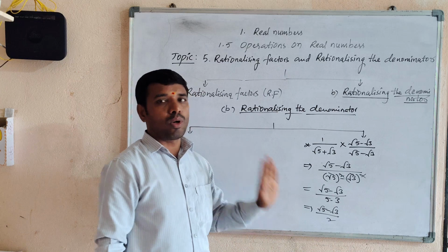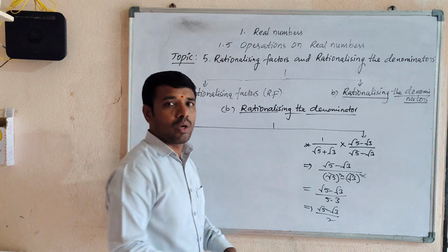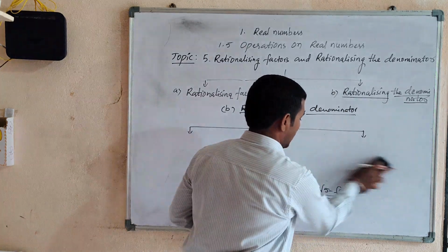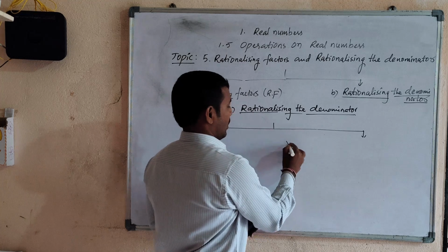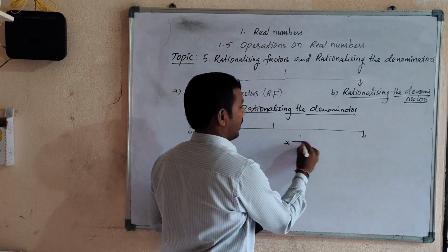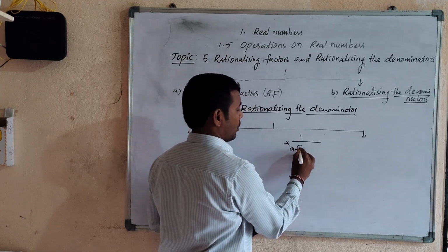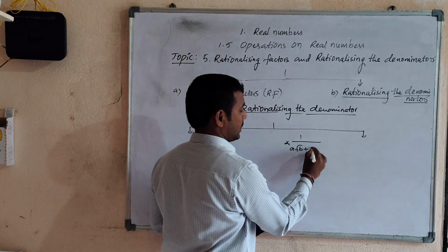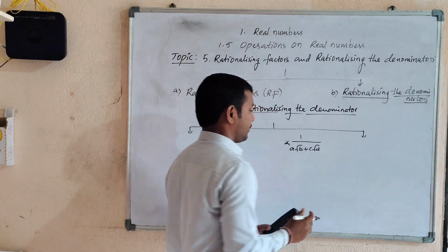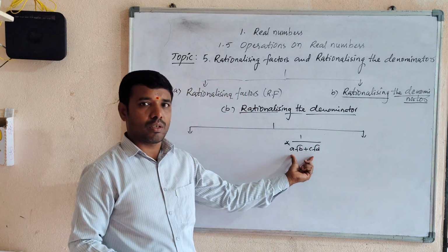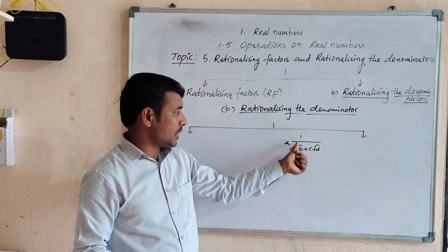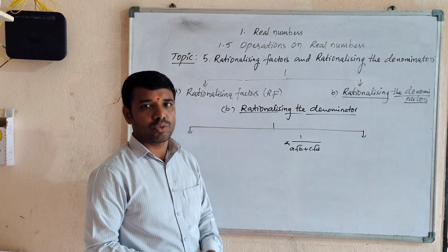One more model I want to discuss. What is that? That is 1 by a into square root of b plus c into square root of d. Some problems like this are there in our textbooks. When a question comes like this, how to overcome it?